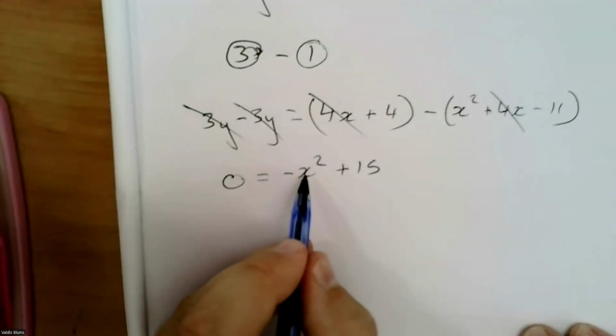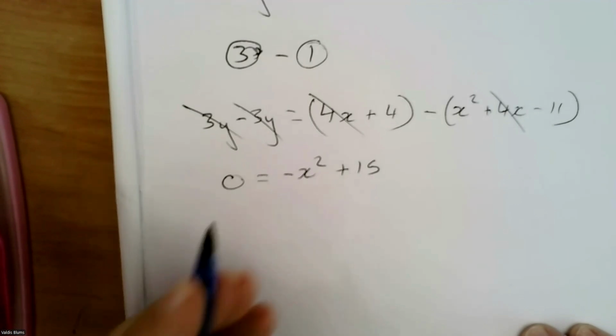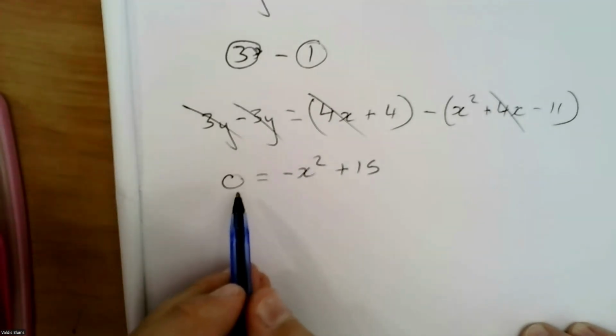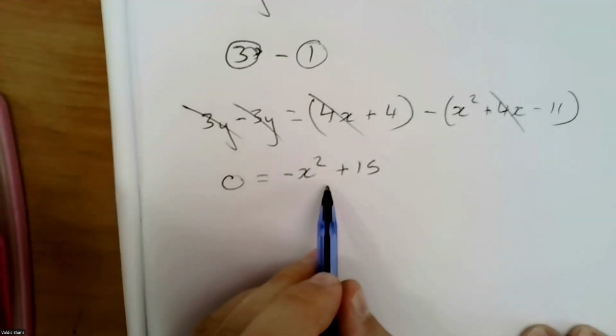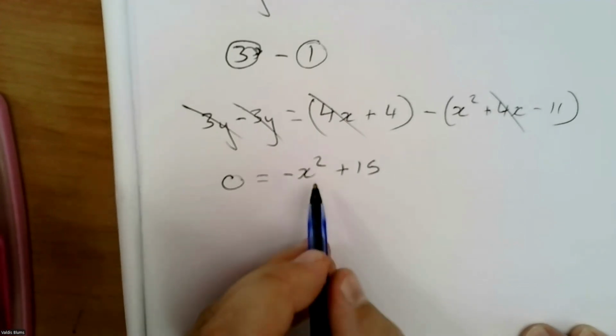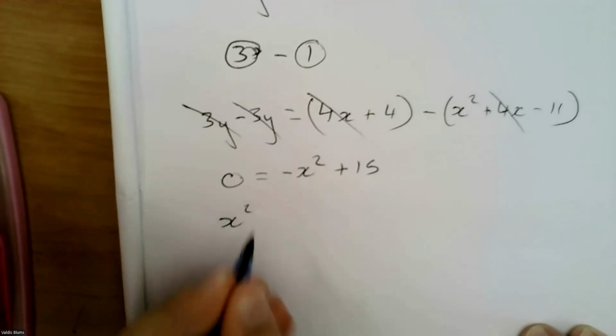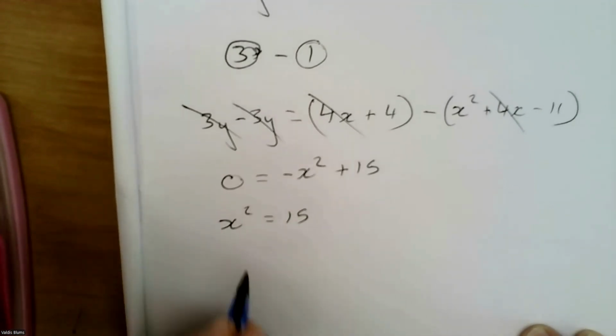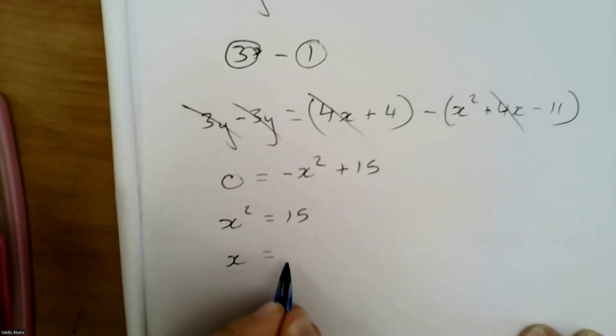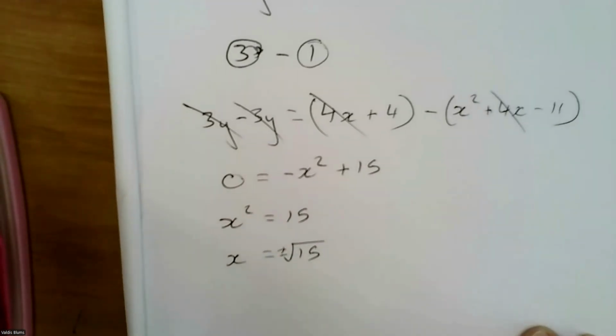So I can move this x squared over to the other side, and I can avoid using the quadratic formula because it's unnecessary in this particular question. Moving that over, I have a positive x squared is equal to positive 15. Square rooting both sides, x is equal to plus minus square root of 15.